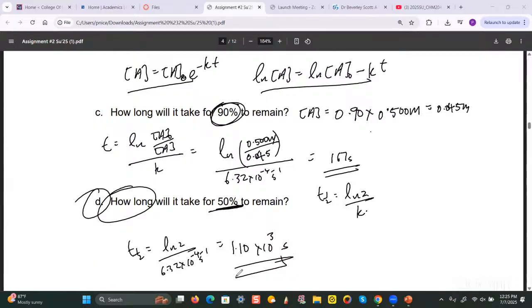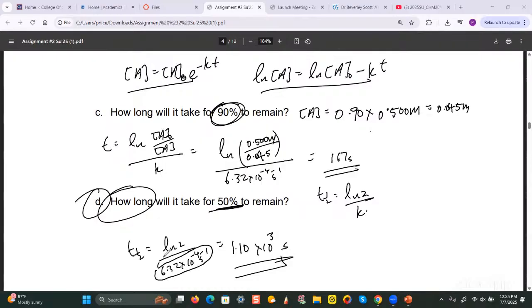Folks, you have to be careful when using your calculators because when you're entering numbers in scientific notation, different calculators have different ways of inputting those kinds of numbers, right? So it depends on your calculator.